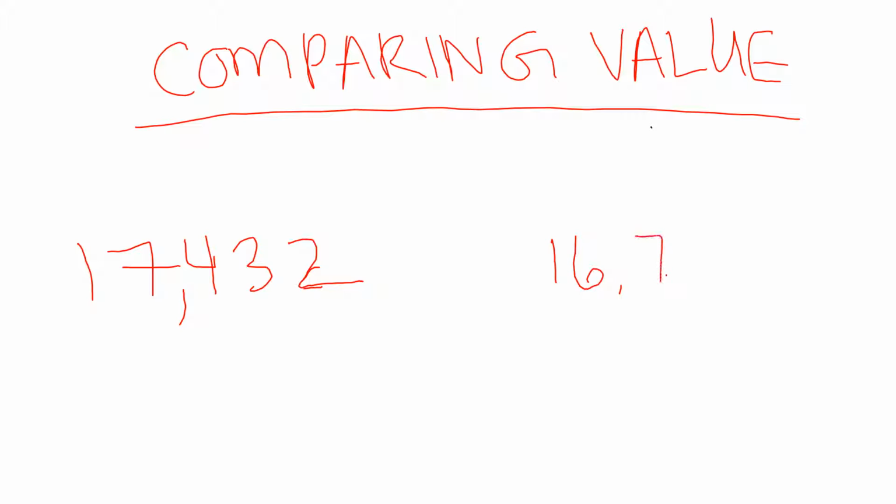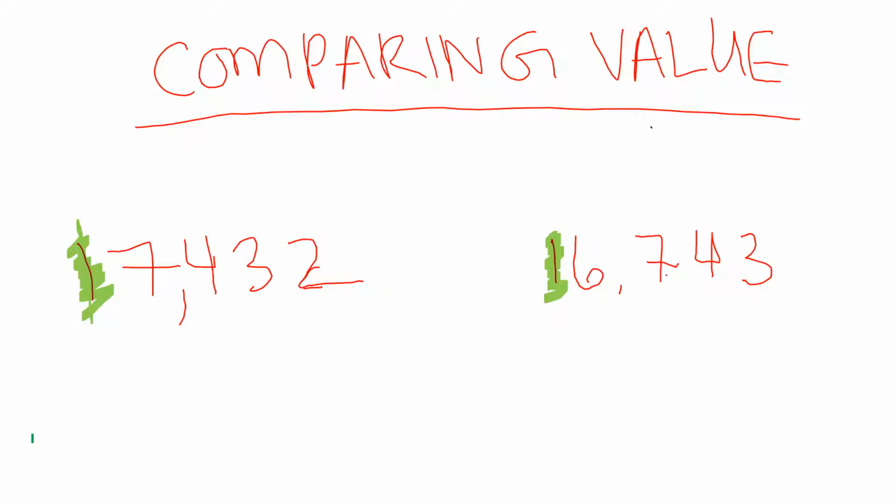Alright, so I have these two really big numbers. I start by looking at the rightmost digit. So I'm going to start by looking at this place right here, in both of them. And that happens to be the same exact number. So that's not going to clue me in to which number is greater.